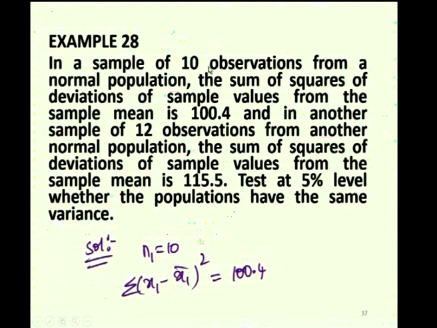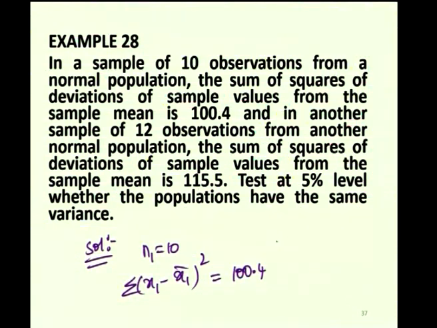In a sample of 10 observations from a normal population, the sum of squares of sample values from the sample mean is 100.4, and in another sample of 12 observations from another normal population, the sum of squares of deviations of sample values from the sample mean is 115.5. Test at 5% level whether the populations have the same variance. First of all, let us write down the values from the data given.